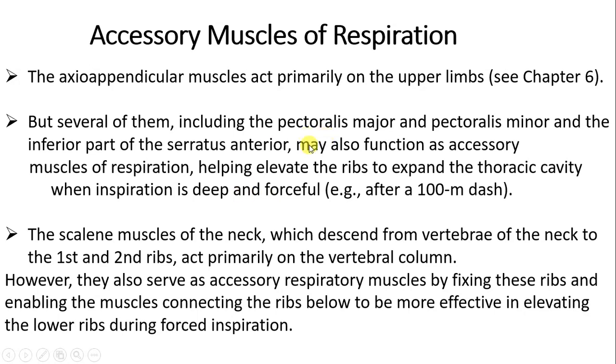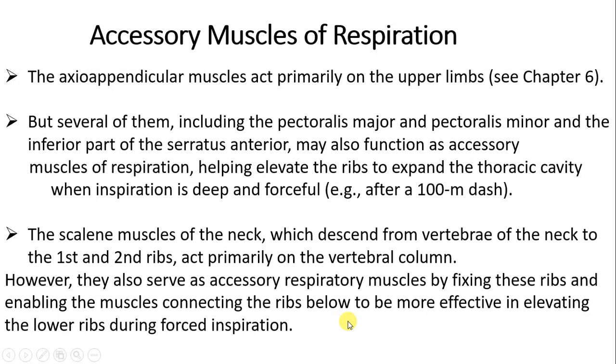So the first and second ribs are fixed by the scalene muscles, which are muscles of the neck, and their actual action is over the neck. But when you need forceful inspiration, you may have observed that your neck muscles also contract.